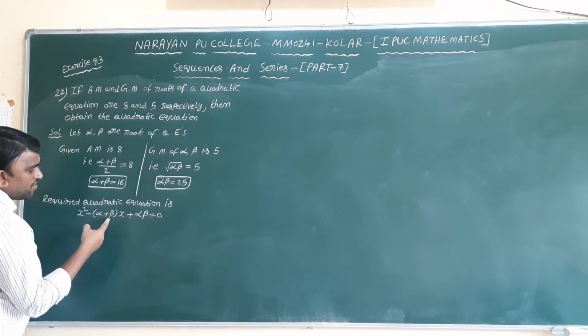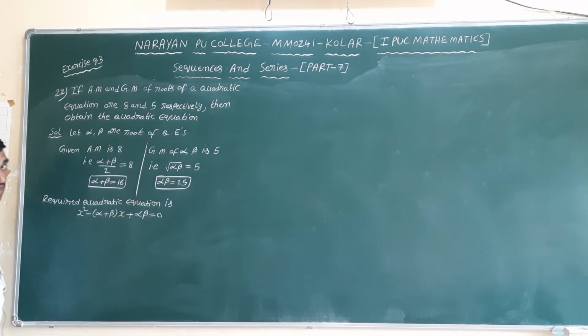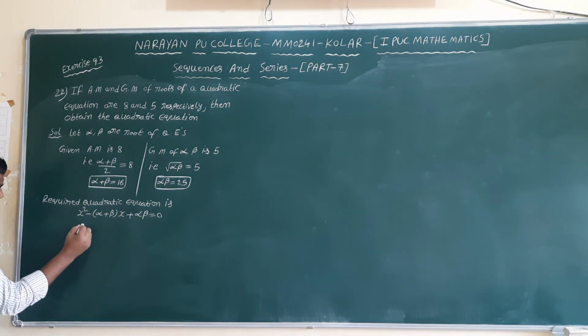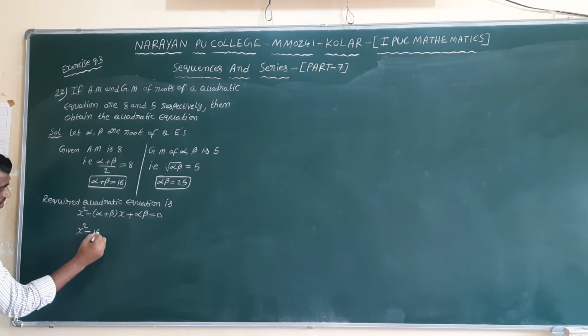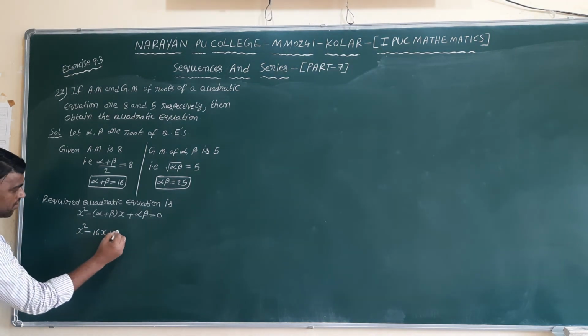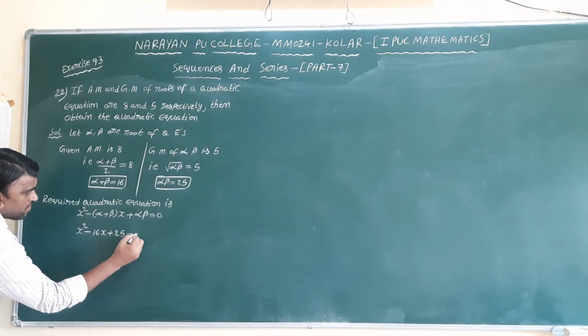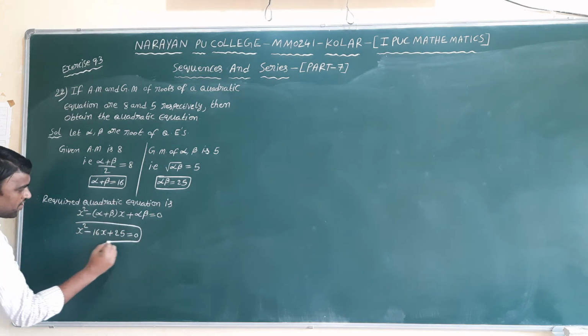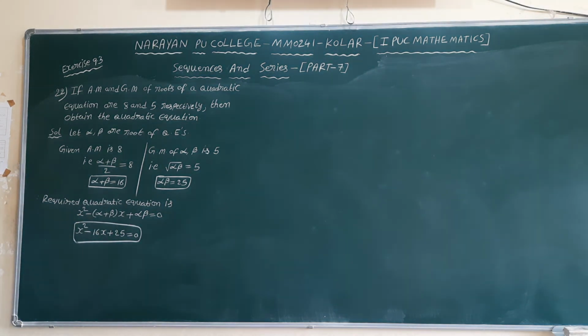We know the summation of the roots value and the product of the roots value. Substitute directly. x square minus 16x plus 25 equal to 0. This is the required quadratic equation.